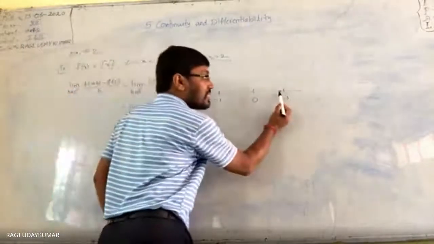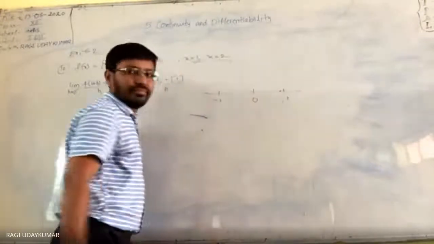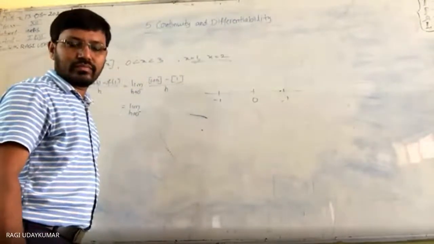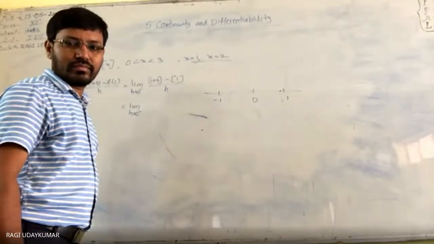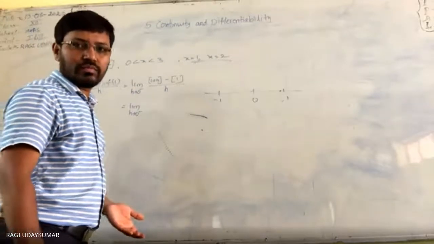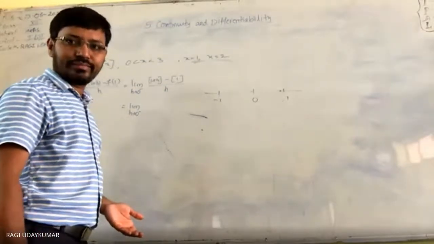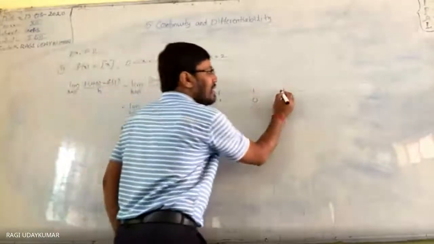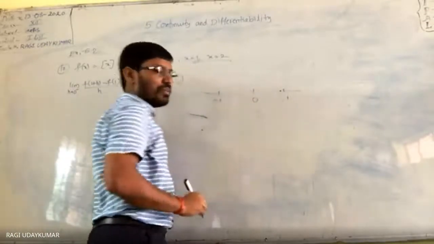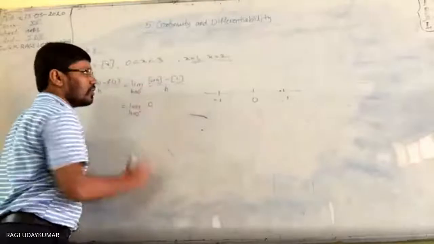What is the greatest integer value of this number? Zero. Isn't it? The greatest integer value of this will become 0. So this will obviously become 0.